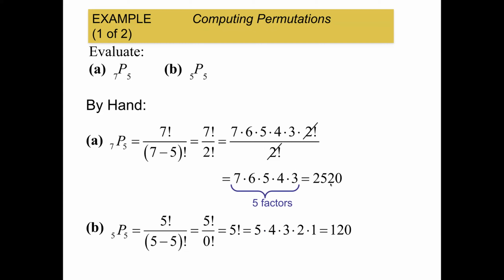Okay. If we want to evaluate the second one by hand, this permutation calculation, we'd put it together here. And we remember what 0 factorial is. That's always 1. So 5 factorial is only 120. This will be sort of a rule of thumb: the way to choose five things in five different ways is going to be this calculation of permutation.